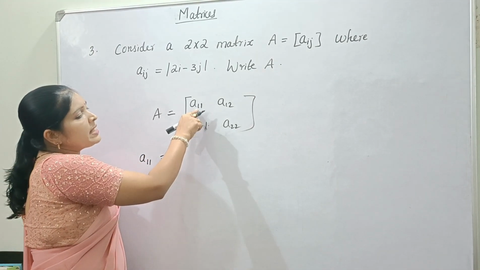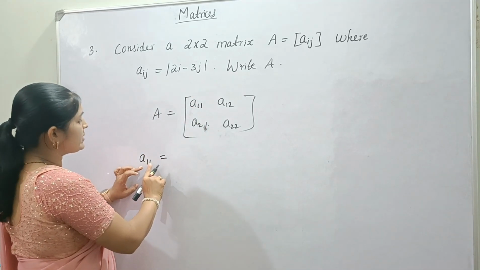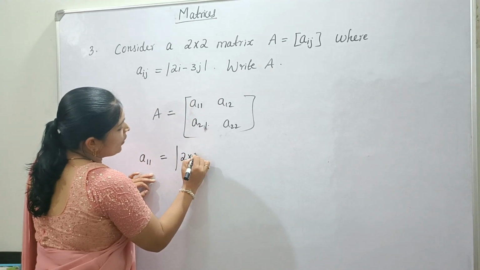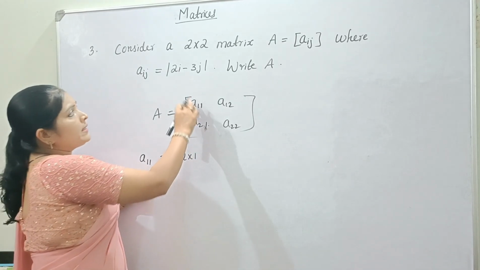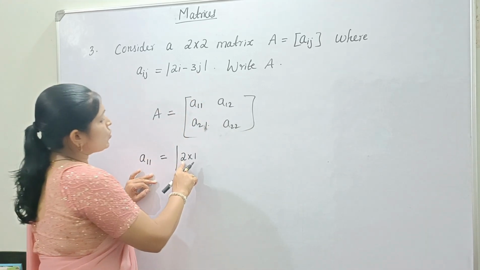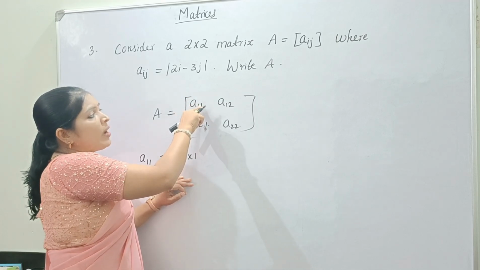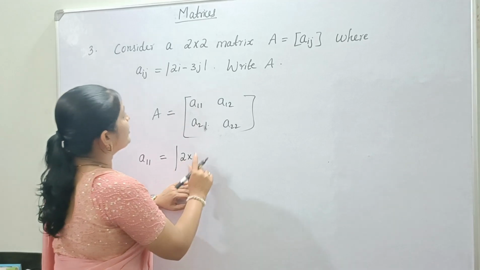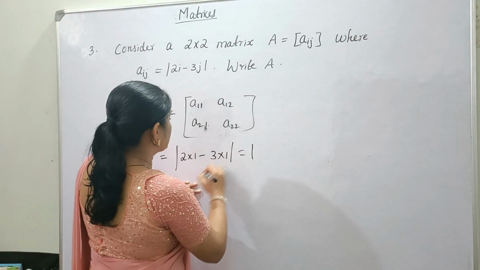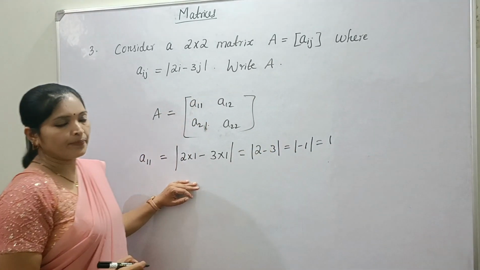A11 means i is equal to 1, j is equal to 1. I shows the row and j shows the column, so first row and first column. So A11 is equal to modulus of 2 into 1 minus 3 into 1, that is modulus 2 minus 3, that is modulus minus 1, that is equal to 1.